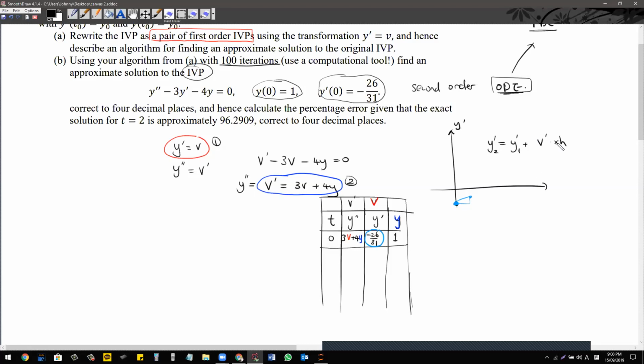The v dash, and then you times that by the step. And for y, we start obviously from 0, 1, and we're going to do the Euler's formula again. So y2 is equal to y1 plus gradient times by the h, and in this case our gradient will be the y dash, which is v.